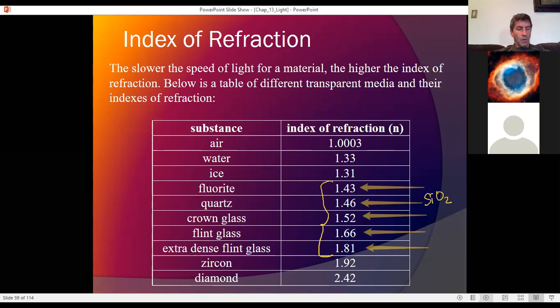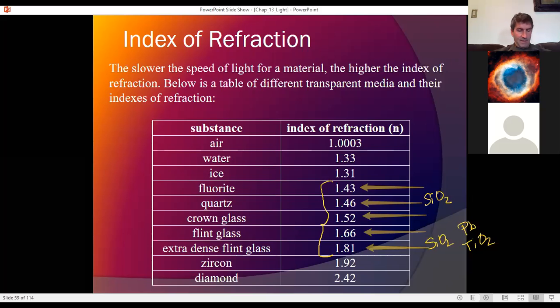As we add more and more other materials, and again, it used to be lead, we don't really like to use lead anymore. Now we use titanium, which becomes titanium dioxide. As we add more and more titanium dioxide, the index becomes greater and greater because titanium slows down the light more than the silicon dioxide does.